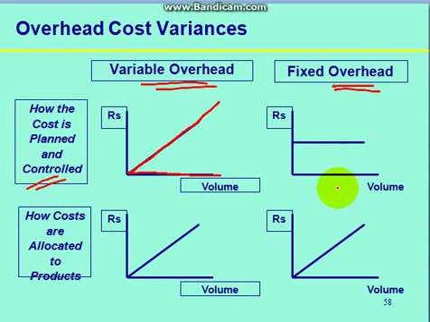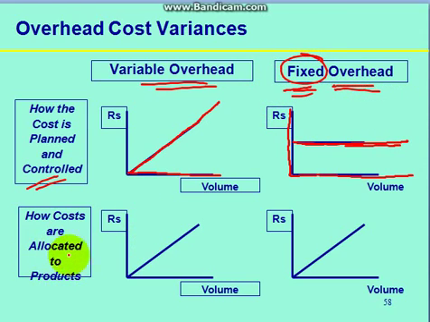But the fixed overheads do not change with the volume. Here the volume changes, but the fixed overhead remains the same over time. The price doesn't change. So this is that kind of fixed overhead.